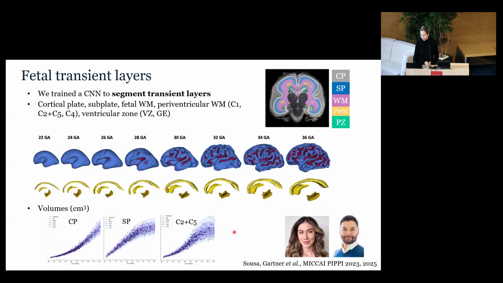And just an example here, this is C2, C5. So I think that's this big arch. It's first accelerating and then it starts stagnating because, of course, subplate and periventricular white matter are going to disappear after birth. So that's why it makes sense it's slowing down while cortex is still going to grow.